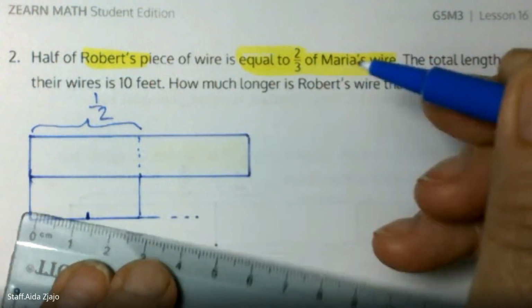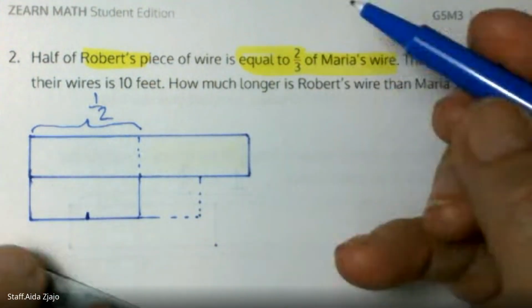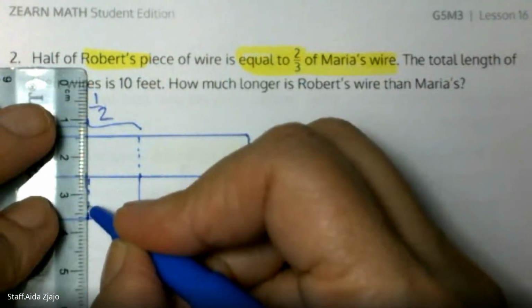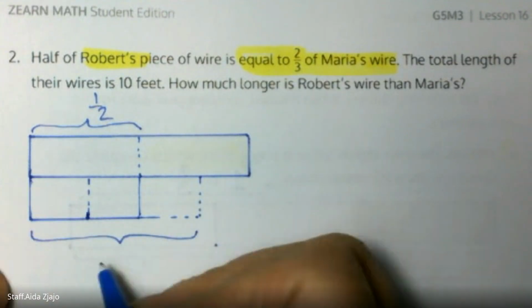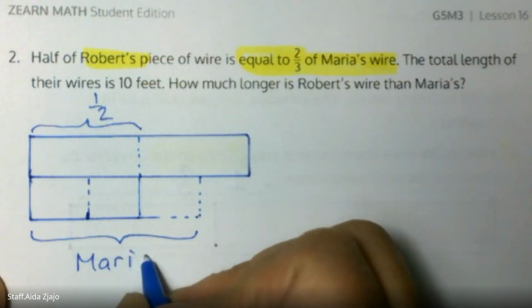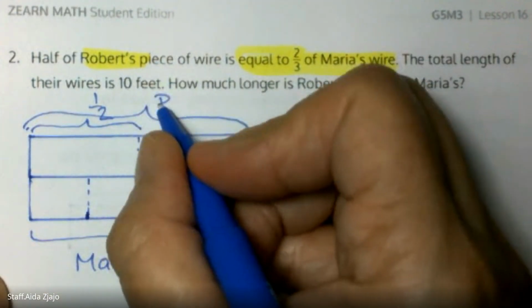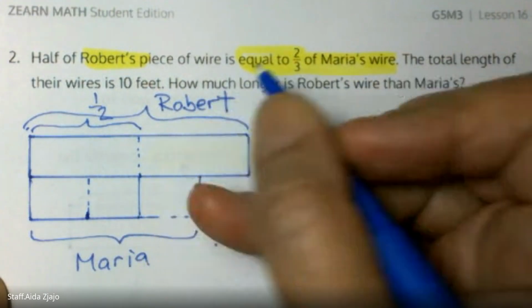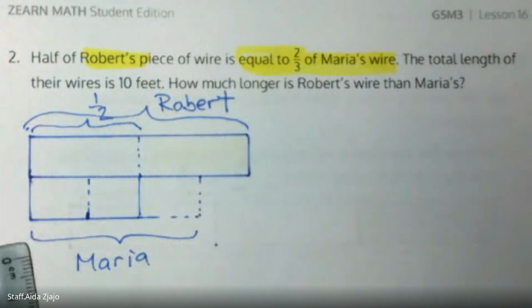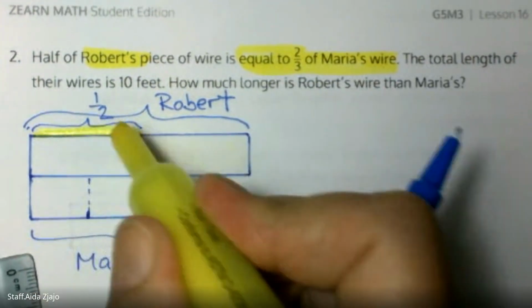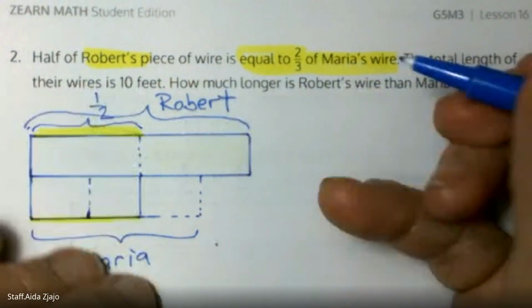So if this is 2/3 of Maria, this is Maria, and this is Robert. Okay, so 2/3 of Maria, half of Robert's is 2/3 of Maria. So that would be it.